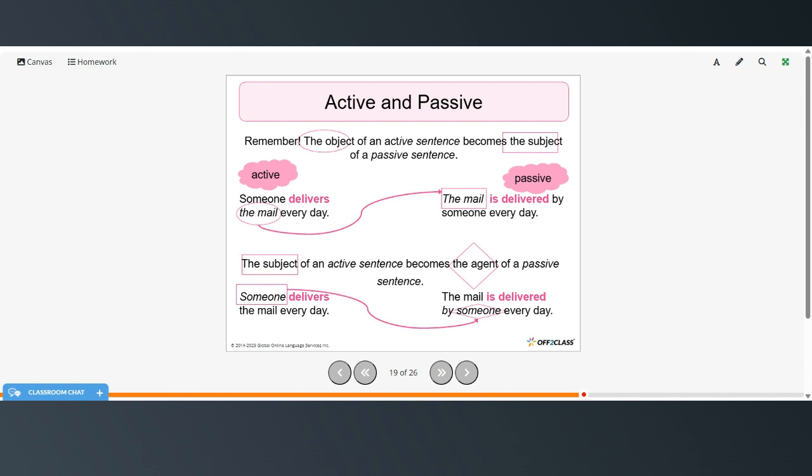And here we can see that the mail, which is the object in the active sentence, becomes the subject in the passive sentence. The subject of an active sentence becomes the agent of a passive sentence. Someone delivers the mail every day, so the mail is delivered by someone.